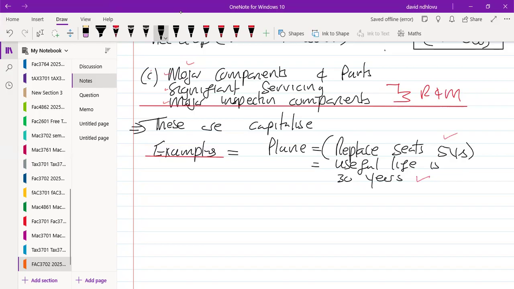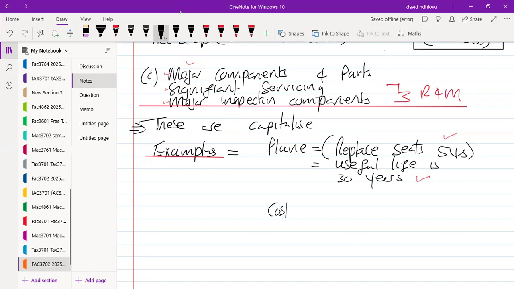So what happens now is that the replacement of the seats, which ordinarily could have been described as repairs and maintenance, if it's a significant major replacement of the seat, then you need to capitalize that. It's not your normal repairs and maintenance. So what will happen now is that you need to look at the cost price of the plane.